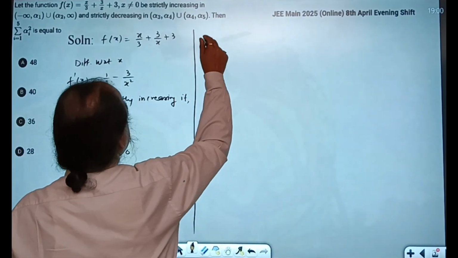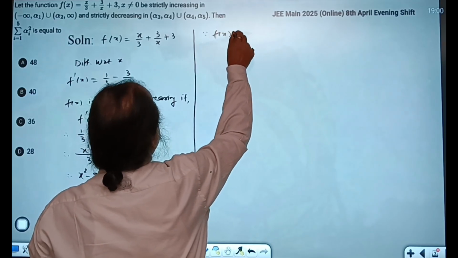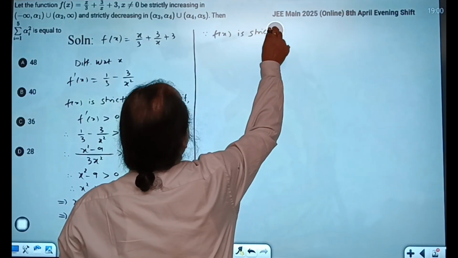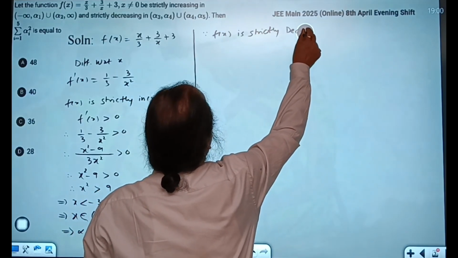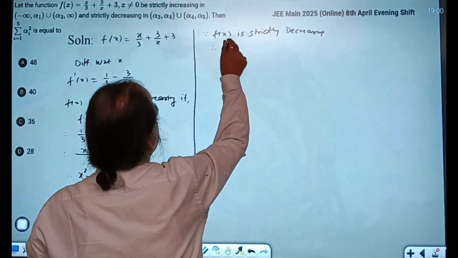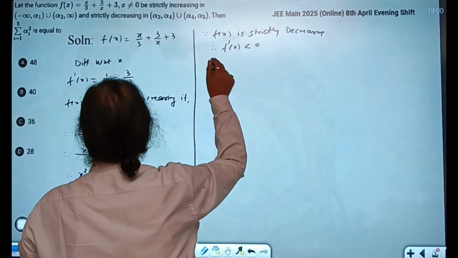Now we go to f(x) strictly decreasing. Since f(x) is strictly decreasing, therefore f dash x will be less than 0.